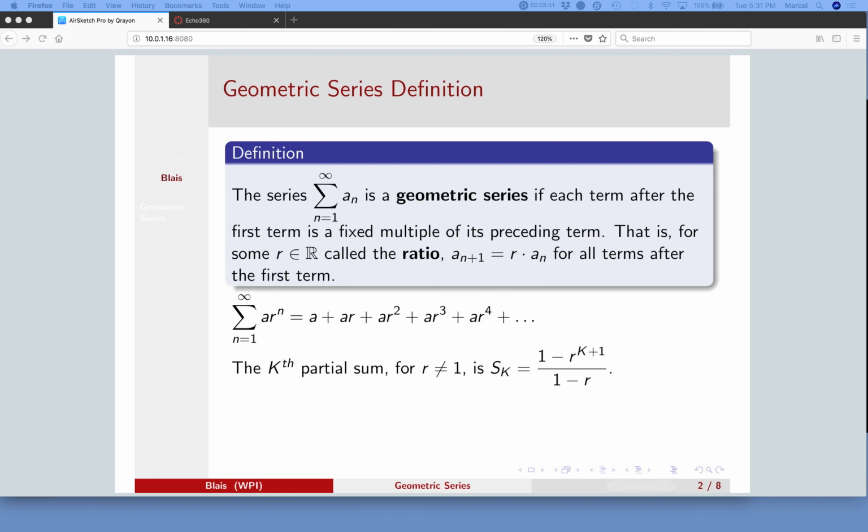So that's really the key, is that we see here that as k goes to infinity, s sub k is approaching, and we should add this, there's one thing missing here. This is actually multiplied by a. So as k is going to infinity, this term is dropping to 0 if r is smaller than 1 in size.